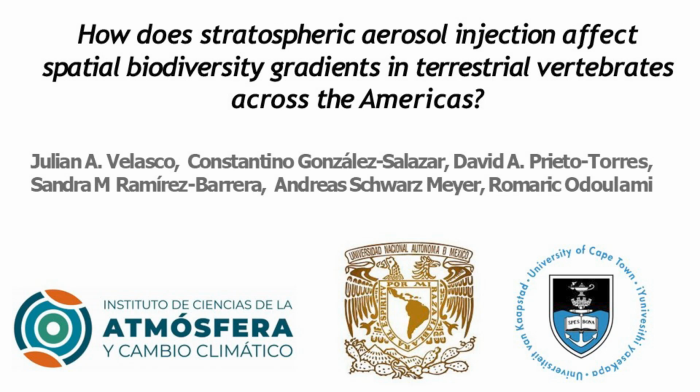So the question here is whether SRM can buy time for mitigation. We want to test what the effect of SRM is on the biodiversity inside of the protected areas.